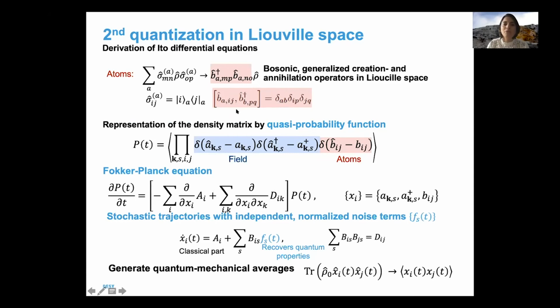It will turn out that, coming out of this stochastic trajectory approach, these annihilation operators will play the role of the atomic density matrix.